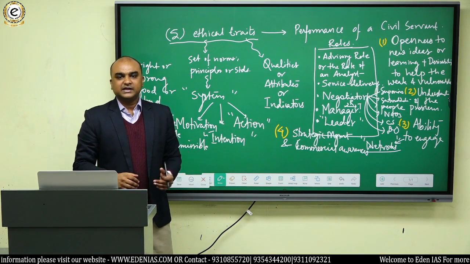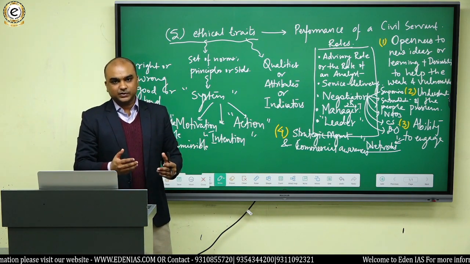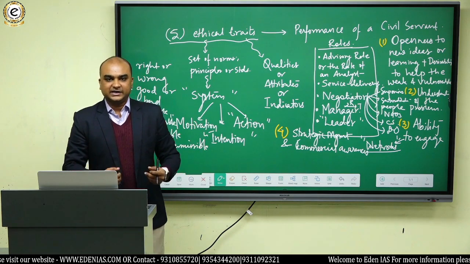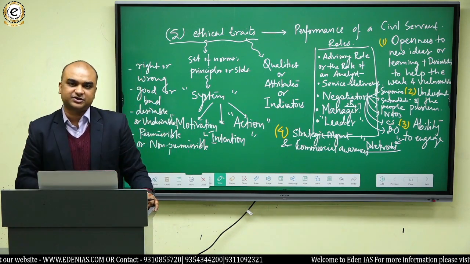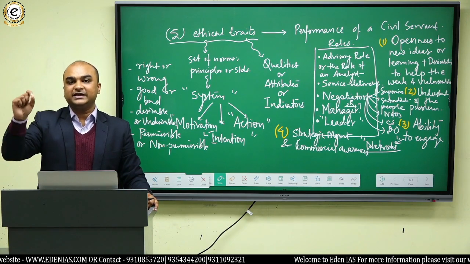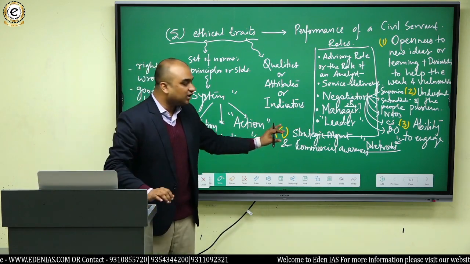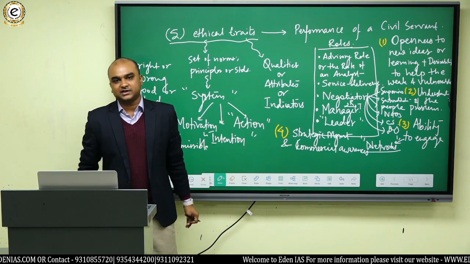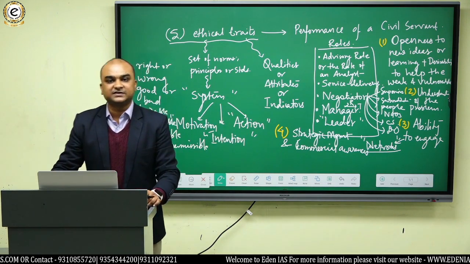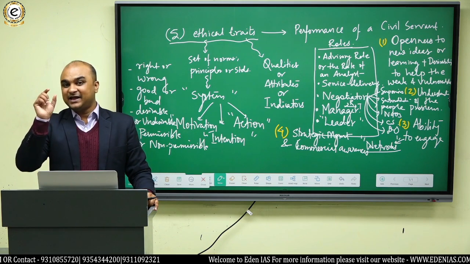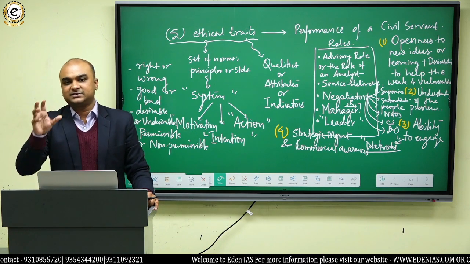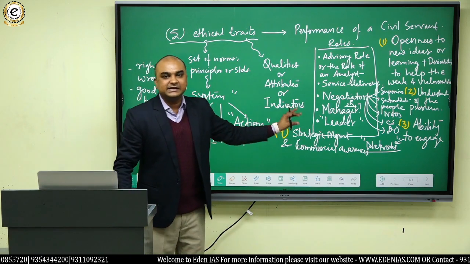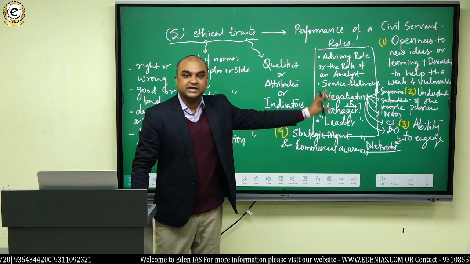If a civil servant is working very diligently, working very hard, giving his heart and soul to administration, yet he is not honoring deadlines, the time limit set for a particular task, then you would not call such a civil servant efficient. Though that civil servant could be a man of integrity, he would definitely lack efficiency in this context.